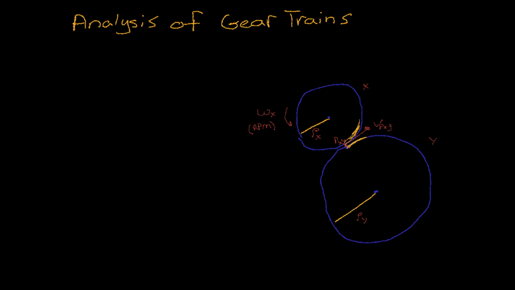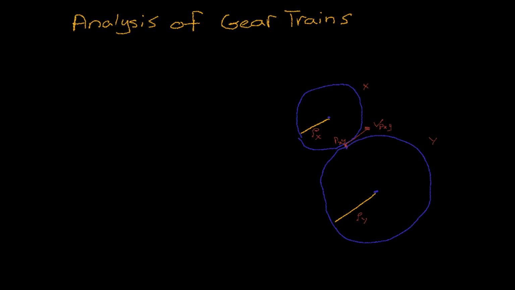And so if they're moving at the same linear velocity, and for the same amount of time, then we know that this arc length here, S, is equal to this arc length here on X.